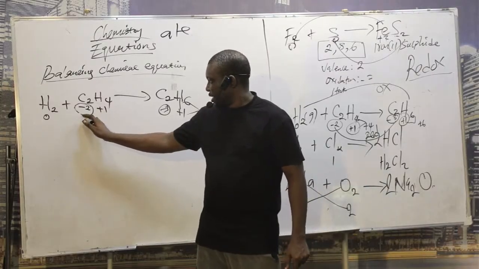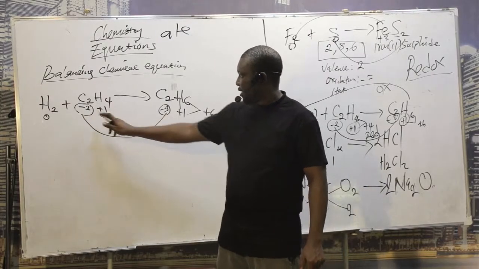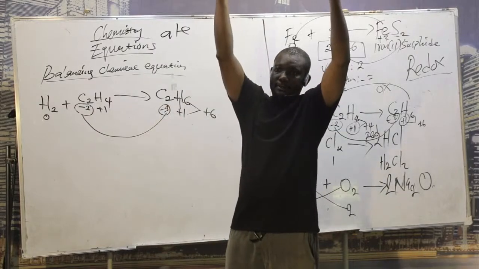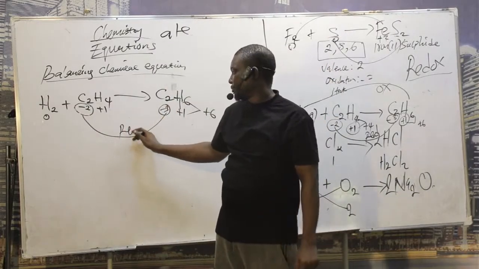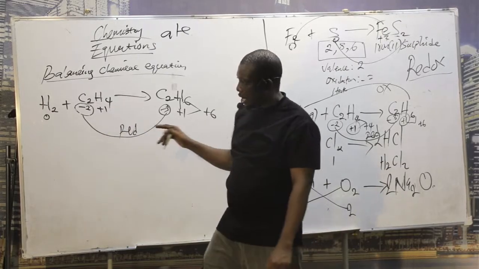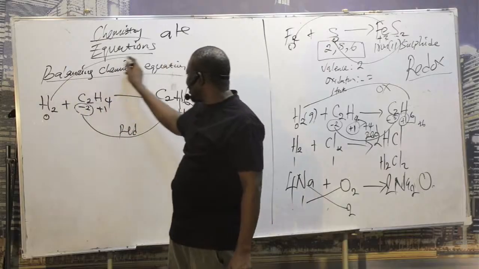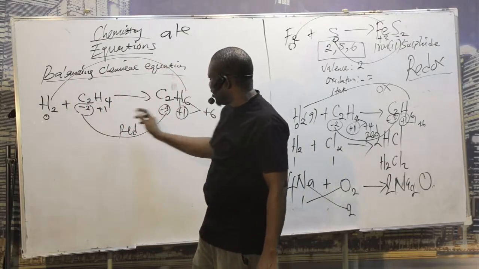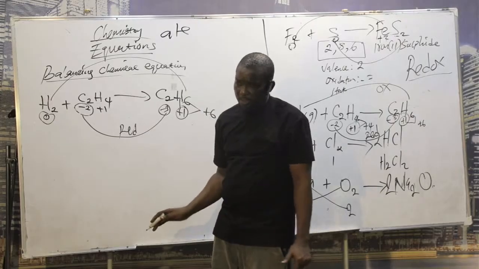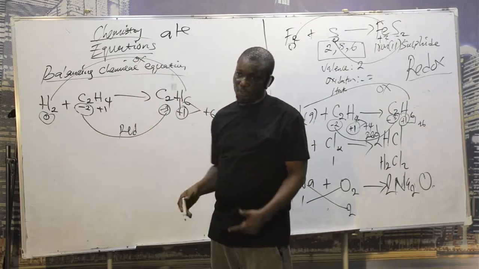It's minus 3 here and minus 2 here. We'll check what has happened from here to here. Minus 2 to minus 3: has it been reduced or oxidized? Reduction. H is on both sides. H here is 0, but H here is what? Plus 1. From 0 to plus 1, has this H increased or reduced? Because it has increased, it is oxidation.